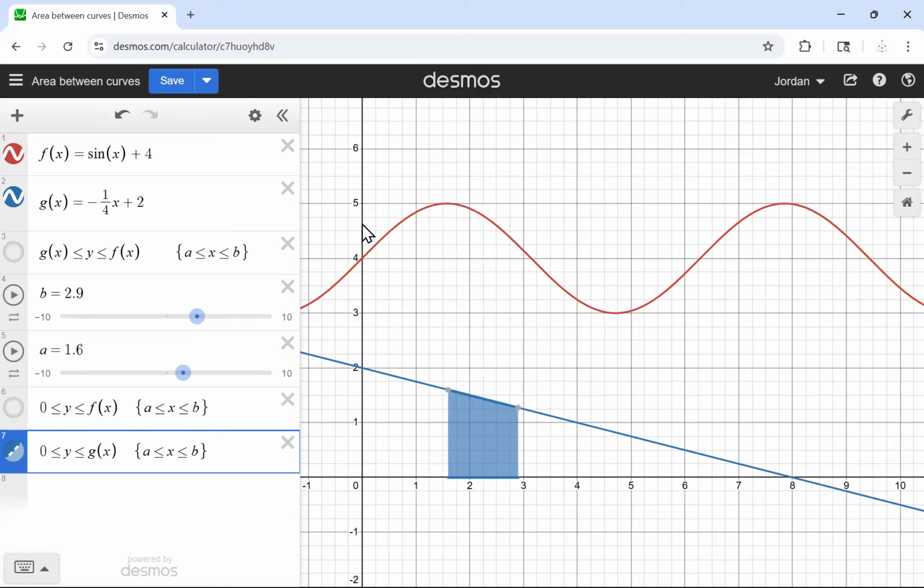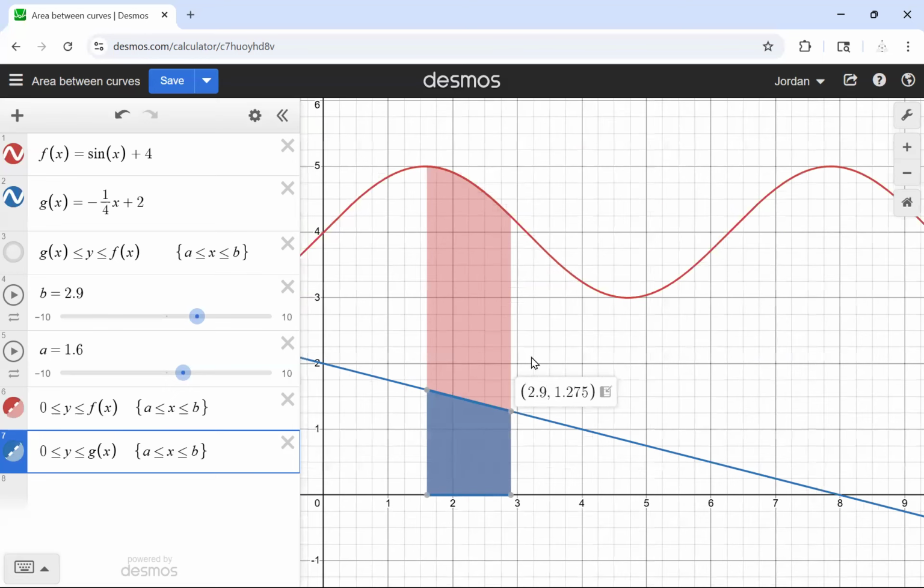The red is f of x. The blue curve is g of x, if you can't see that. So we're going to find the area in between by taking the signed area for f and then taking away this little piece that's underneath the blue, the g of x.